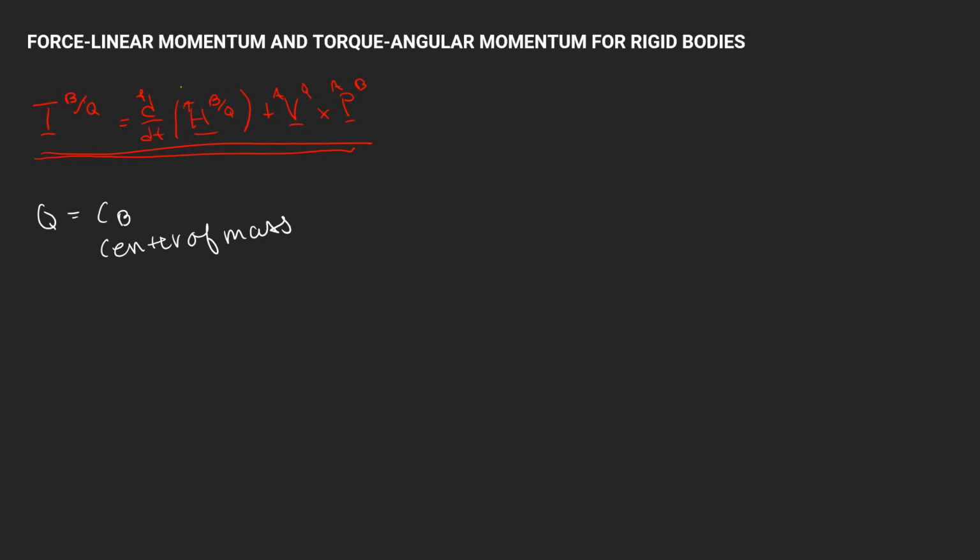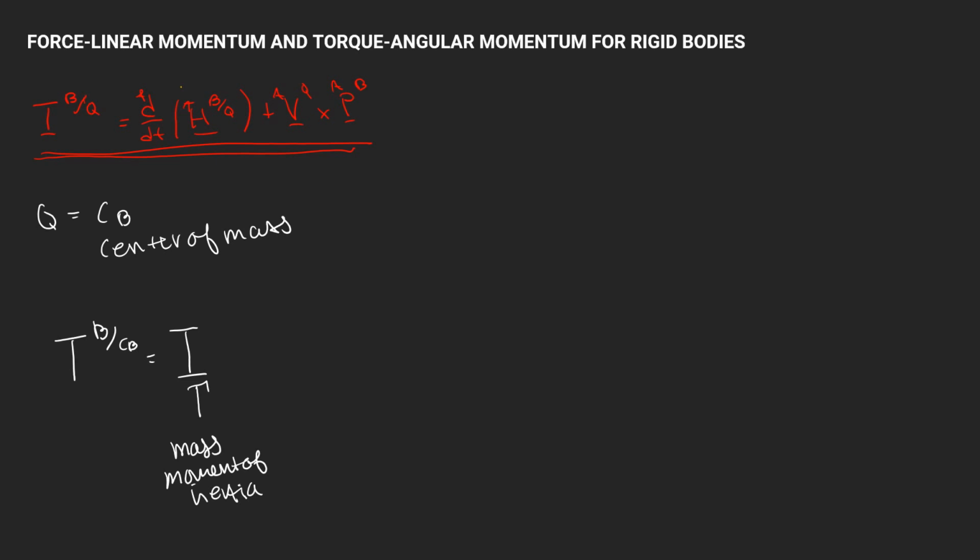And when you do that, now the torque about your center of mass is equal to I. This I here is the mass moment of inertia, or sometimes just called the moment of inertia.